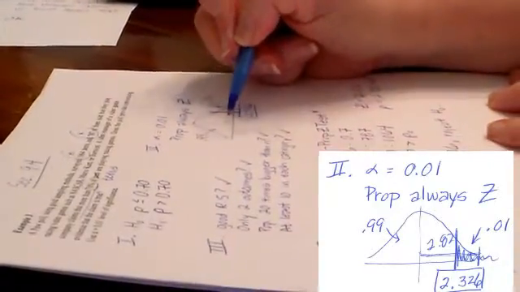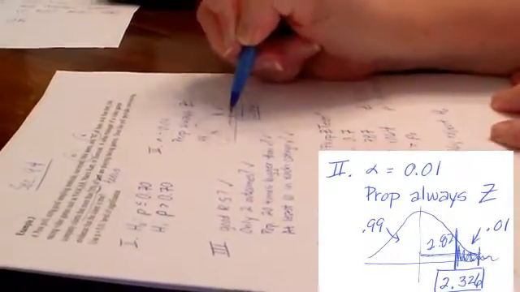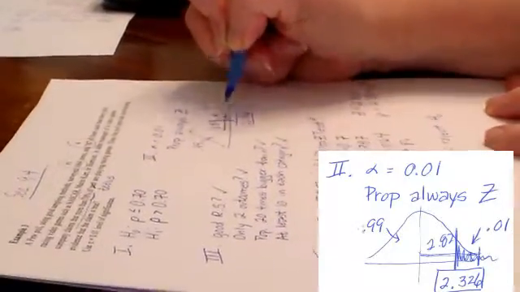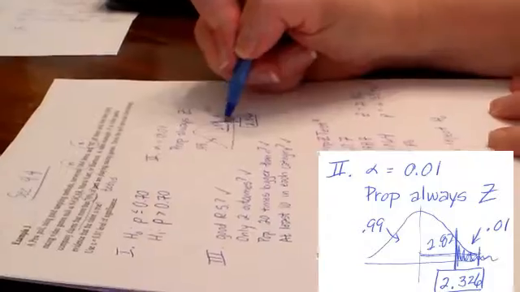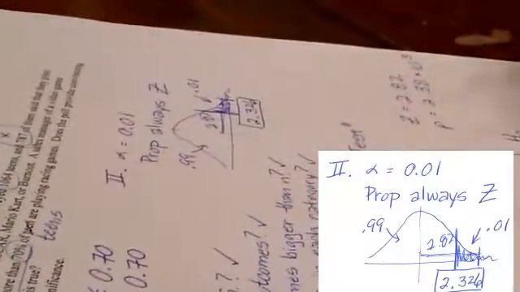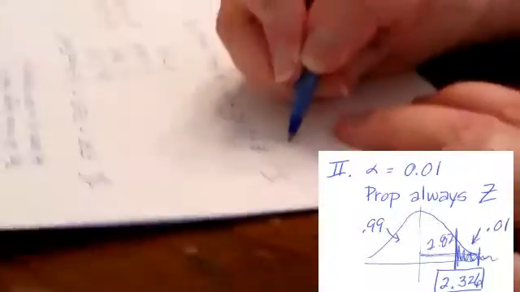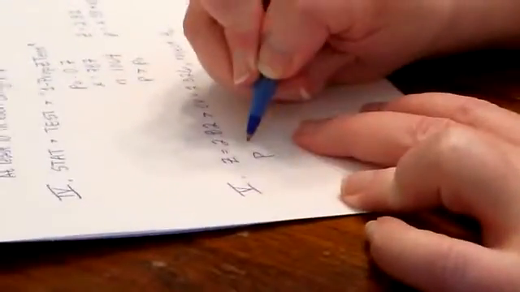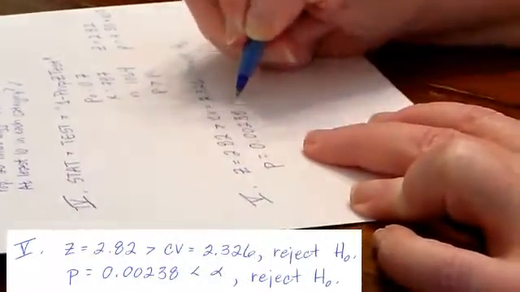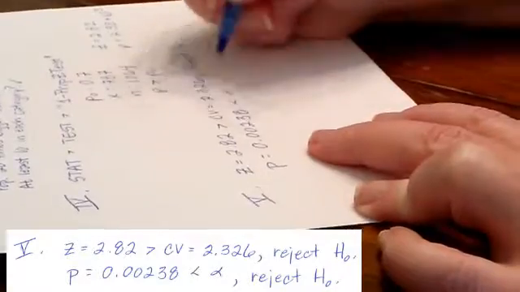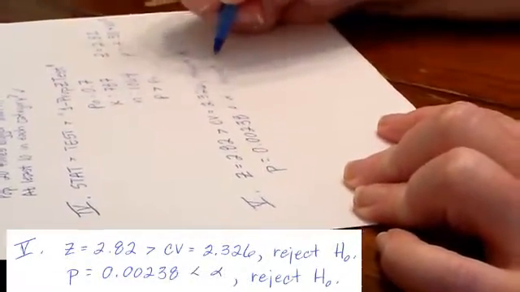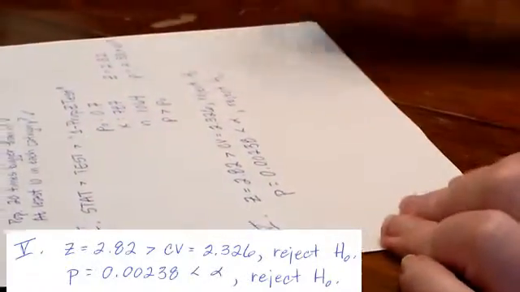If I go out 2.82 standard deviations, I'm out here in this rejection region. So I'm going to reject the null hypothesis. Also, P is 0.00238, which is less than alpha. So again, P is low. I can reject the H0.